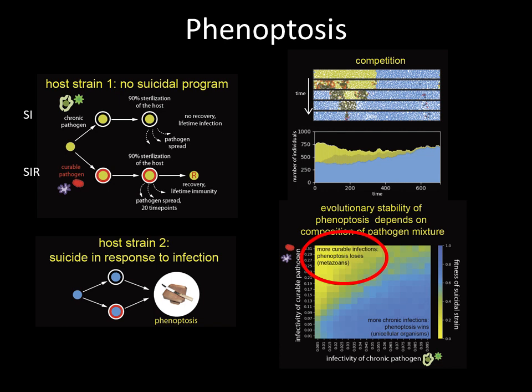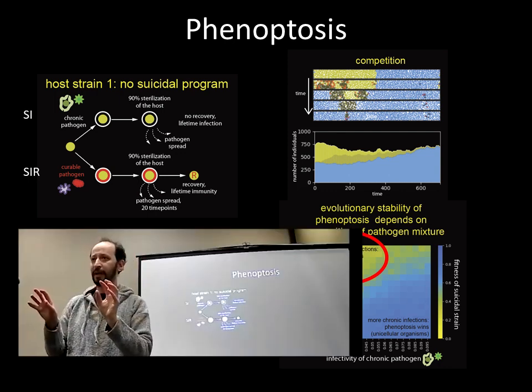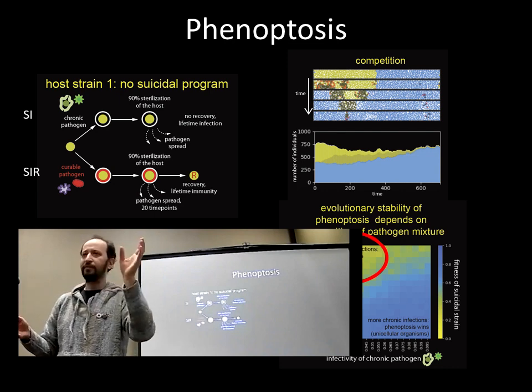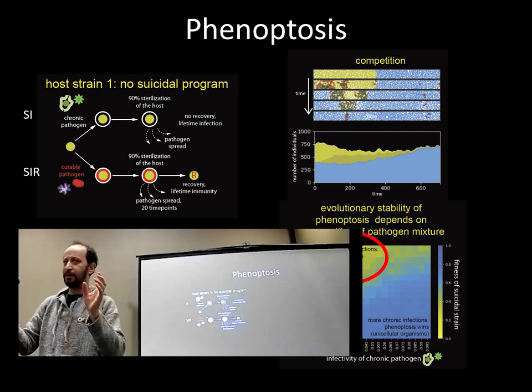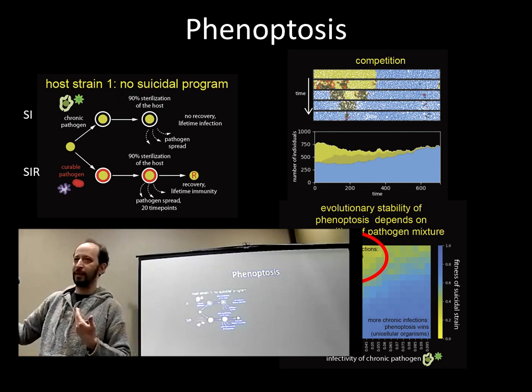So in the next simulation, we have studied coexistence of incurable pathogens, that are sterilizing and chronic, like HIV, which is a good reason to commit suicide, and curable pathogens like flu. It would be a pity if we would commit suicide in response to flu, because it will be gone by itself in 2 weeks, right?